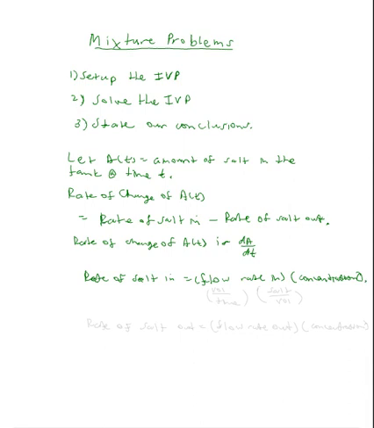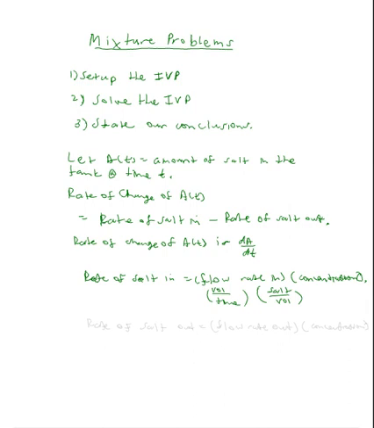If you look at the units on the factors in this product, this makes sense, because the flow rate coming in would be volume per unit time, and the concentration of the fluid coming in would be amount of salt per unit volume. And if you multiply those units, you get the amount of salt that is coming in per unit time.